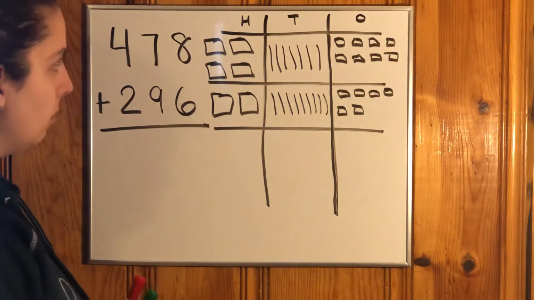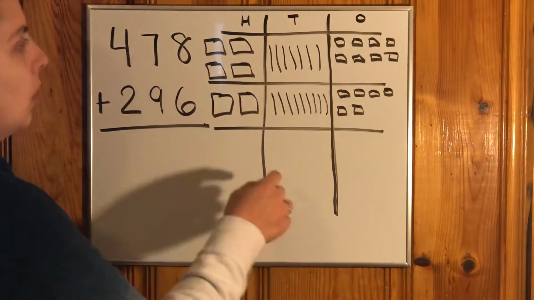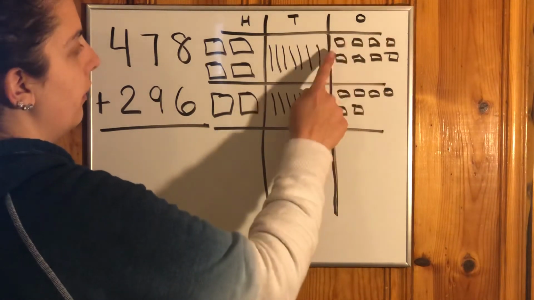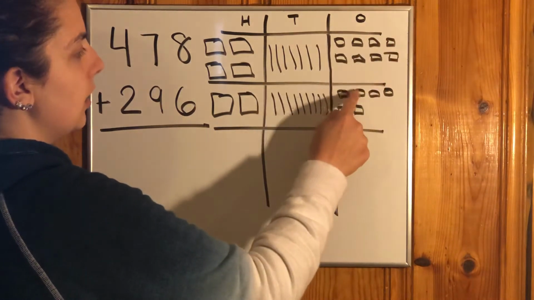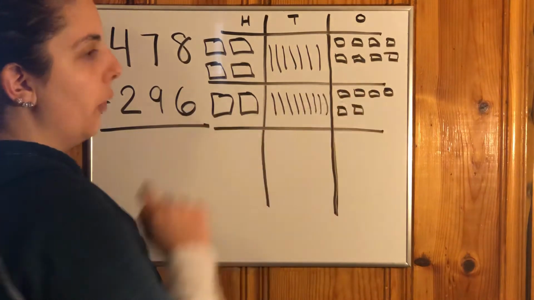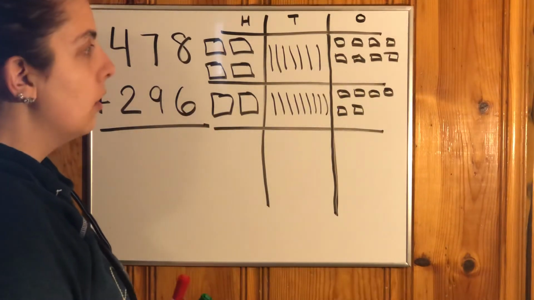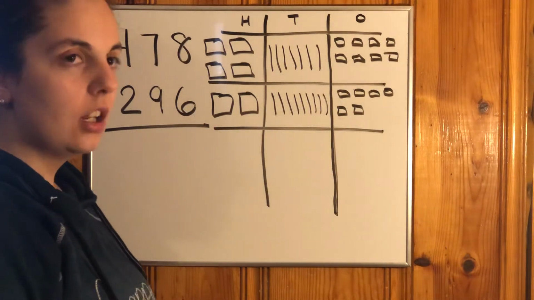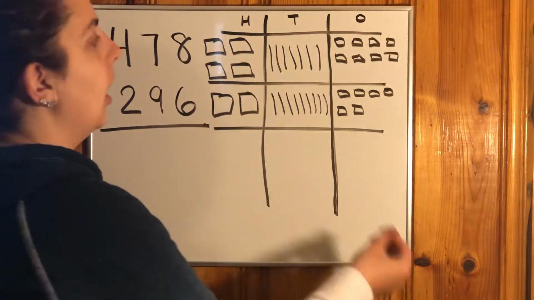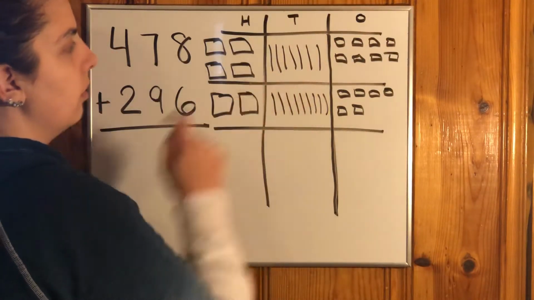Okay. So starting in the ones, we have 1, 2, 3, 4, 5, 6, 7, 8, 9, 10, 11, 12, 13, 14. So I'm going to take 10 out of there and trade it in for a 10.